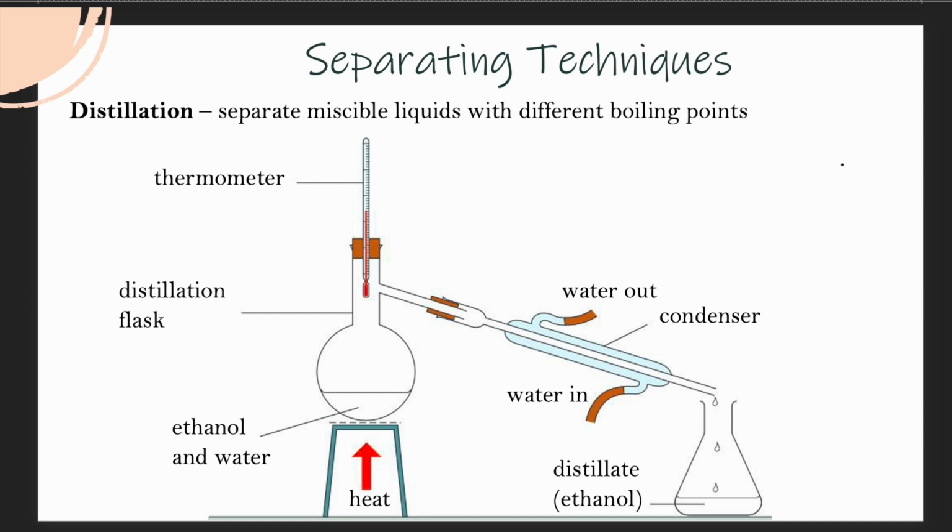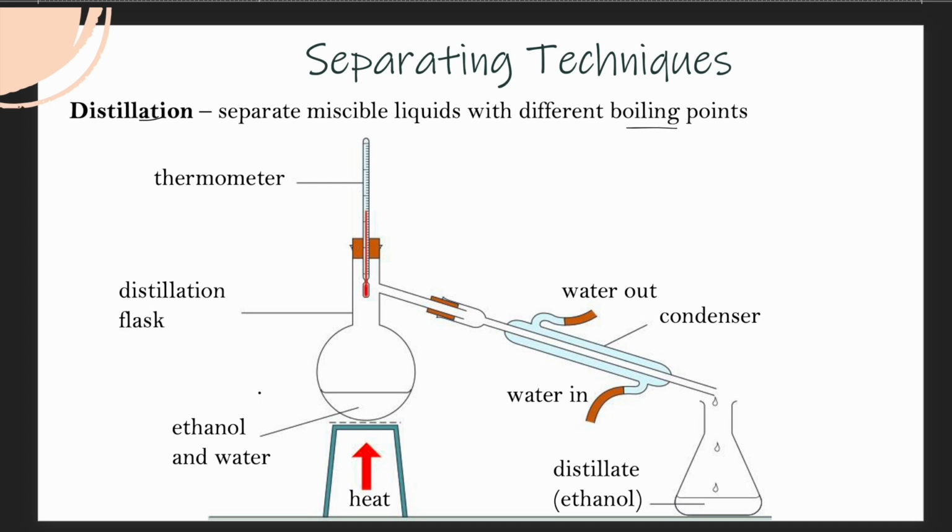But when you smell it, you know that there is something in it that smells of alcohol. So you know that there is ethanol inside. So now how can you separate them, okay? We use distillation, so we use the boiling point difference.